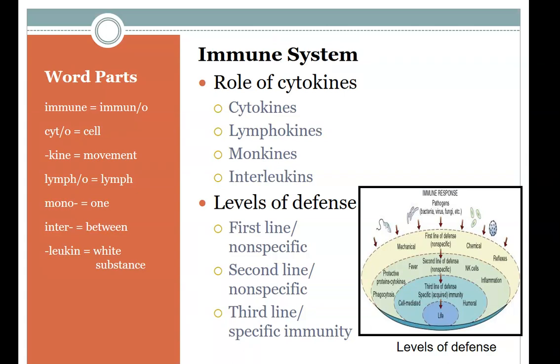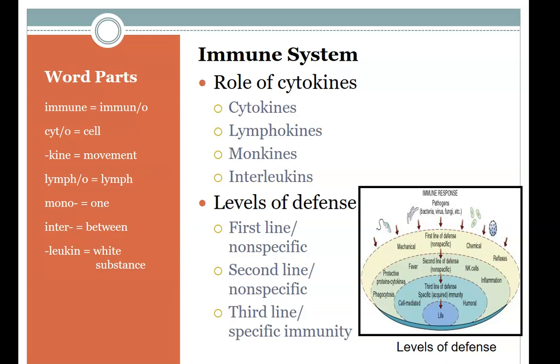The immune system is composed of organs, tissues, cells, and chemical messengers that protect the body from external invaders and its own internally altered cells. The cytokines are the chemical messengers that are secreted by the cells of the immune system that direct immune cellular interaction.